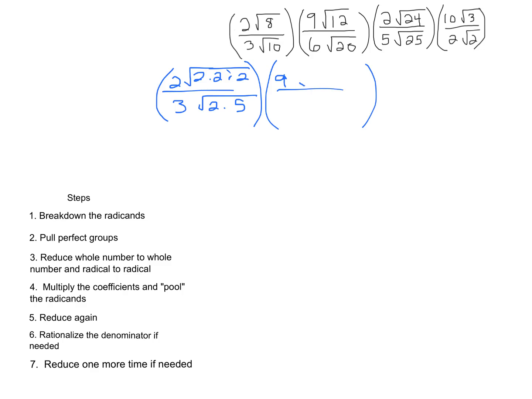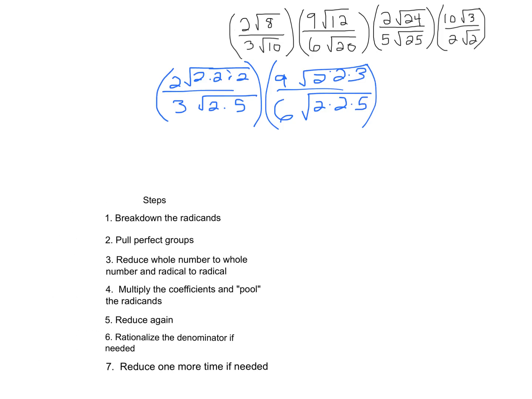Now 12 we know to be 2 times 2 times 3. 6 radical 20 is 2 times 2 times 5, because 5 times 4 is 20.